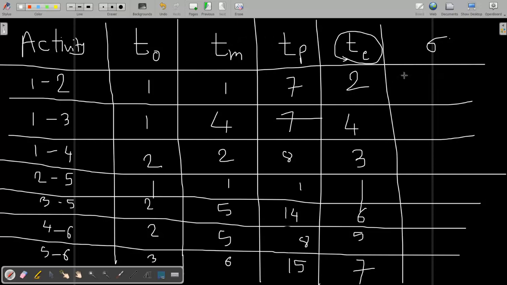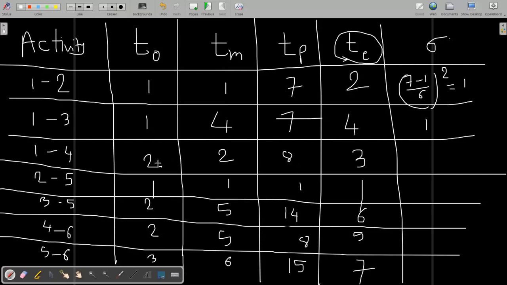Now variance is the square of pessimistic time minus optimistic time, divided by 6. So 7 minus 1 is 6, 6 by 6 is 1, 1 squared is 1.